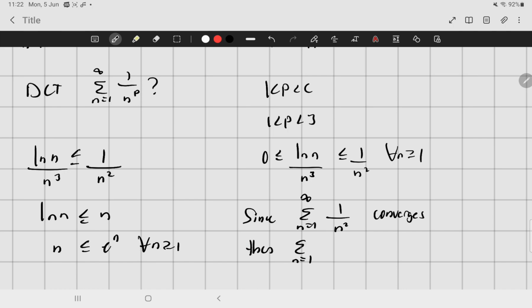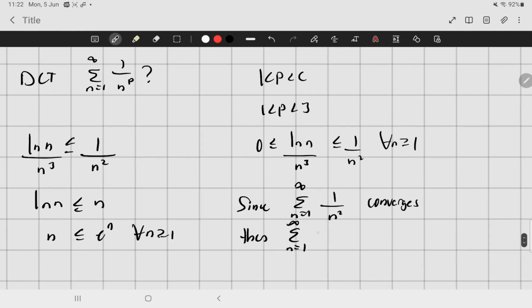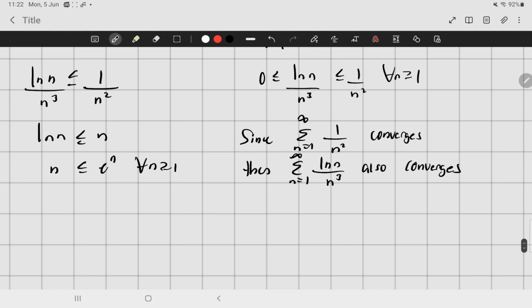this also converges. Okay, also converges. Now, even with the absolute sign you put in, it converges as well. So what does it imply?